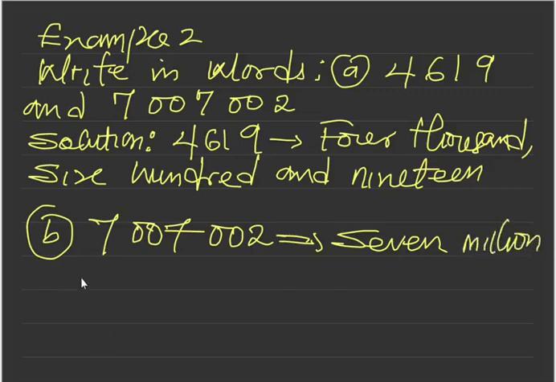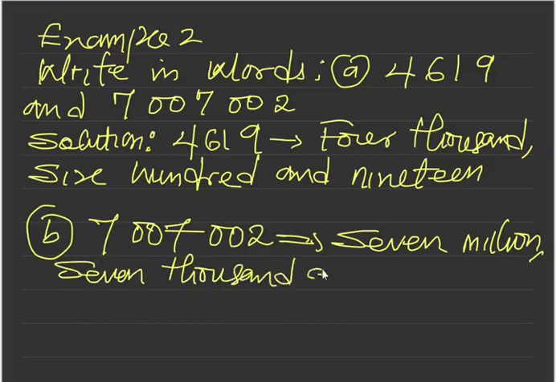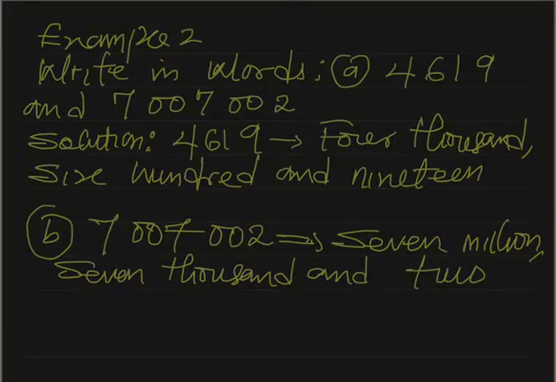Put a comma. 7,000. You're able to see that there is no value here. 7,002. So this is the expansion of this. That is how we expand.